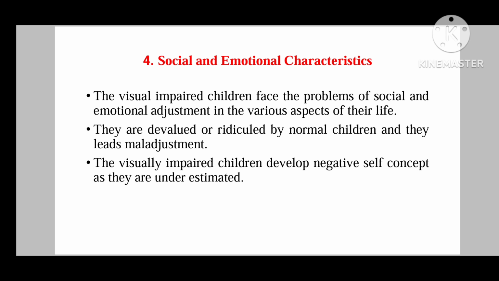Social and emotional characteristics. This is another important characteristic of visually impaired children. Visually impaired children face problems of social and emotional adjustment in various aspects of their life.